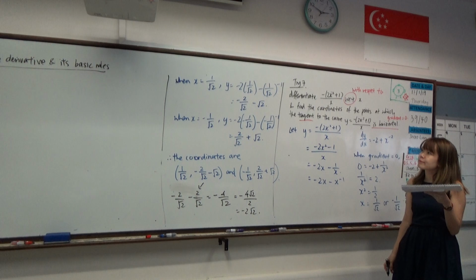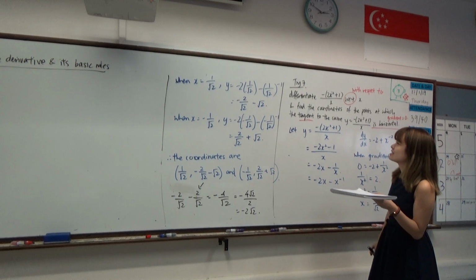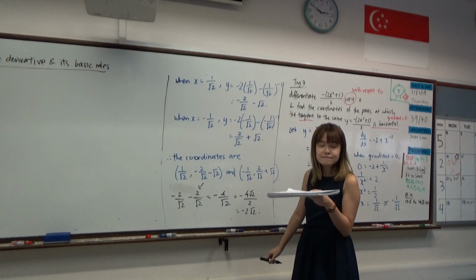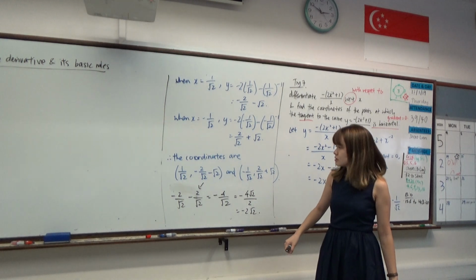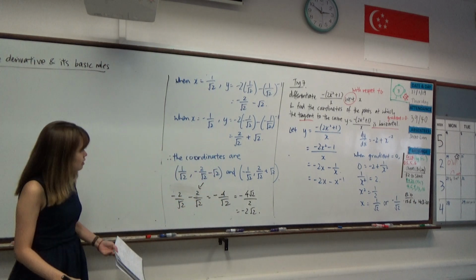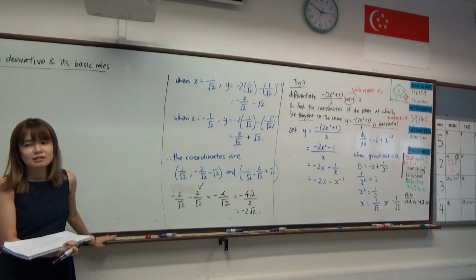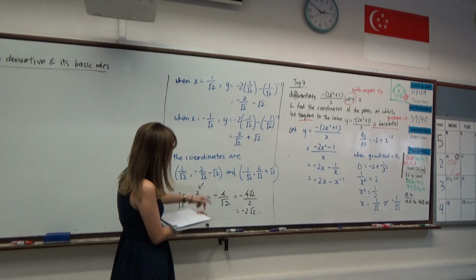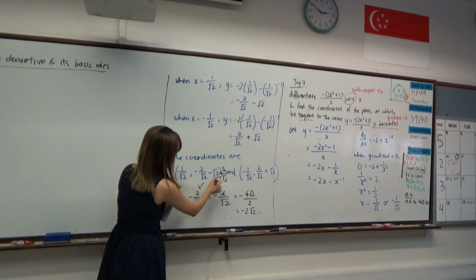Do you have to simplify? Let's do our best in simplifying. You do square root 2 times square root 2 over square root 2. Because I multiply this with square root 2 over square root 2, so this is square root 2 over 1.